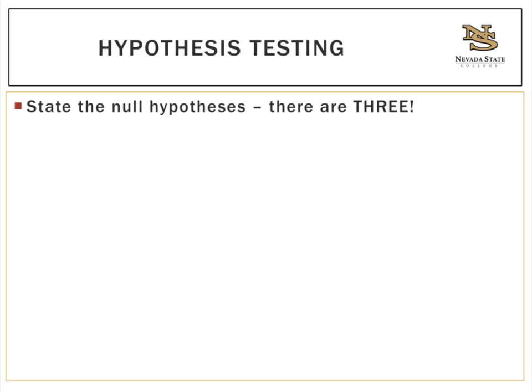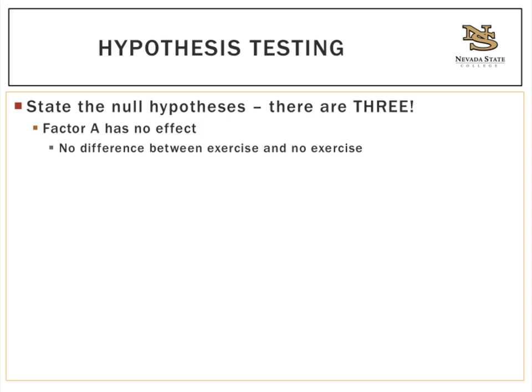So your first null hypothesis is that factor A has no effect. So usually when we're doing this 2-factor ANOVA, we label one as factor A and the other as factor B. So in this case, factor A will be exercise. Okay, so this means that there's no difference between exercise and no exercise.